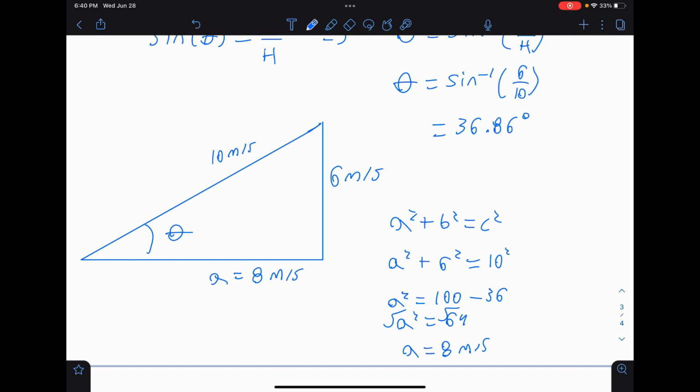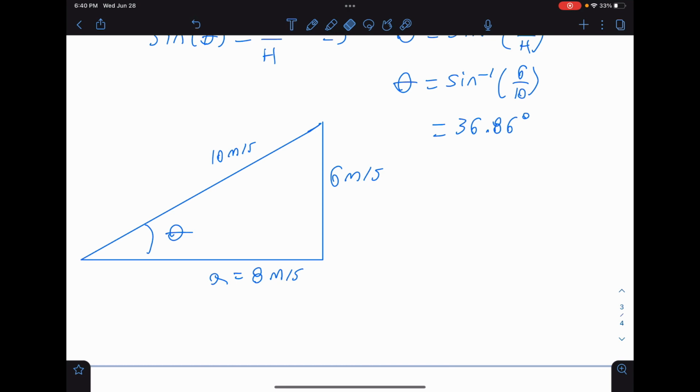So now let's find the same angle, 36.86, using cosine. So we know the cosine of theta is equal to CAH, right? Remember, CAH is adjacent over hypotenuse. And when we solve for theta here, we get the inverse cosine of adjacent over hypotenuse.